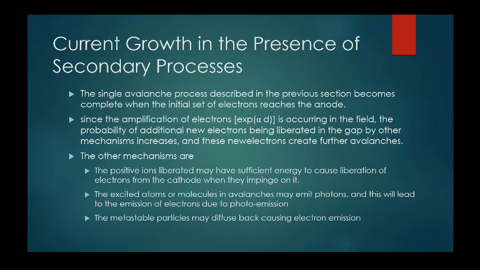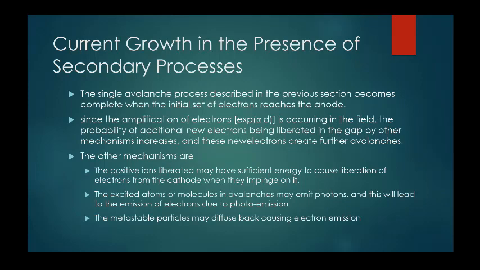So here we are talking about the secondary process. With the application of voltage, the creation of electrons has been accelerated, and the production of avalanches is creating a huge impact.